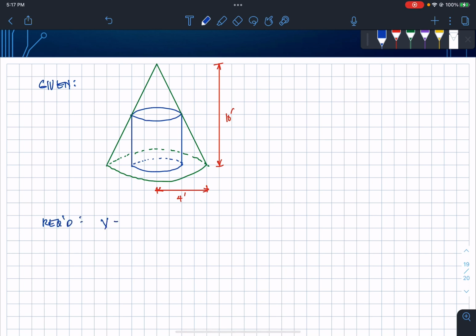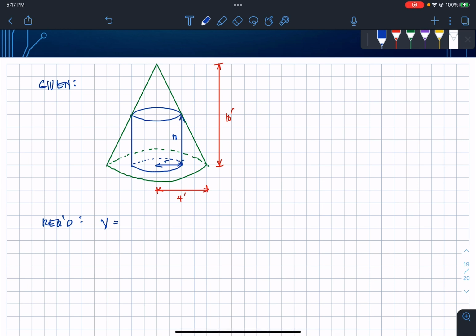So the volume of the cylinder, let's say the radius is R, and then the height is H. And this is the height.